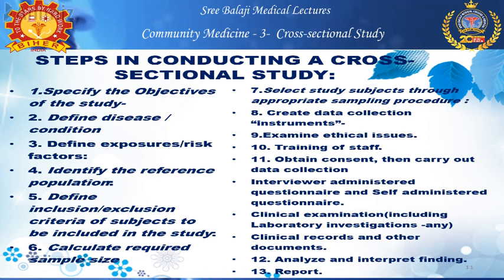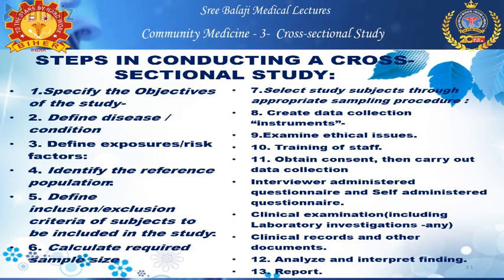Number 4, identify the reference population. In my study, the reference population was children belonging to Anagaputhur area of Kanjipuram district. Next step is to define the inclusion and exclusion criteria of subjects to be included in the study.